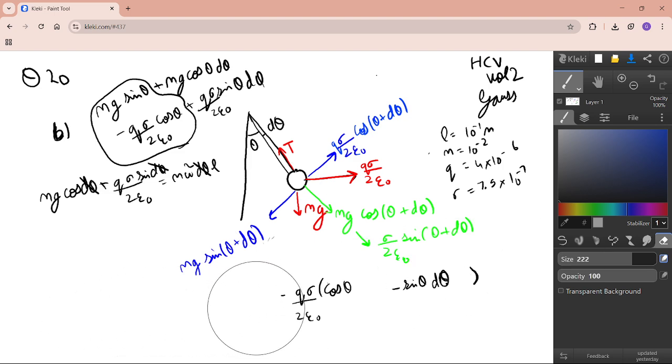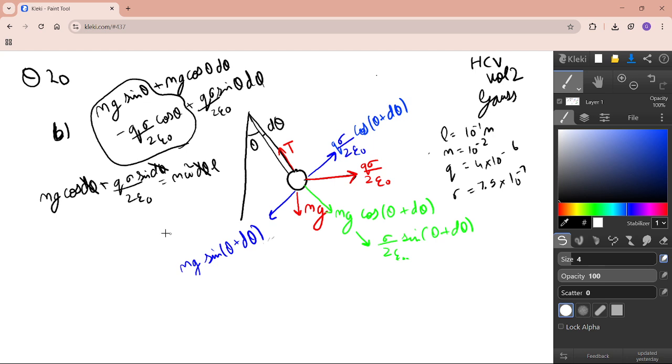Now I have to put the values, right? See, mg is 10 to the power minus 2 and 10 to the power minus 1. And theta is given 60, and cos of 60 is 1 by 2, plus this q is given 4, 10 to the power minus 6. Sigma, we calculated in the previous question, is 7.5, 10 to the power minus 7.